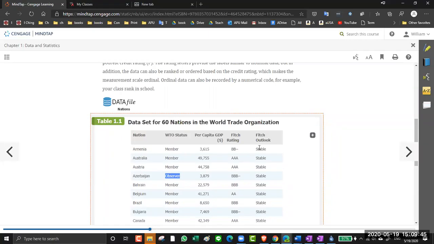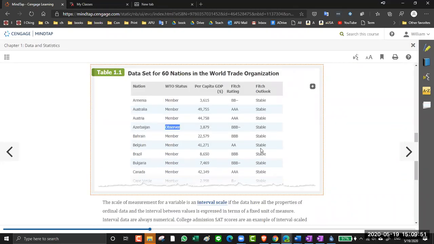What are the possible values for Fitch outlook? Stable. It was stable, positive, and negative. Okay, I think that was it. What are the possible Fitch rating measurements or scale? AAA, AA, single A, right?